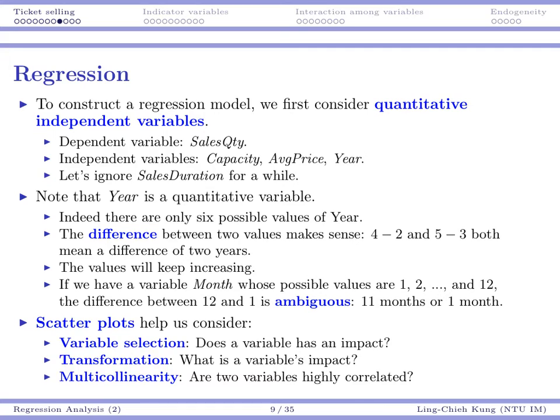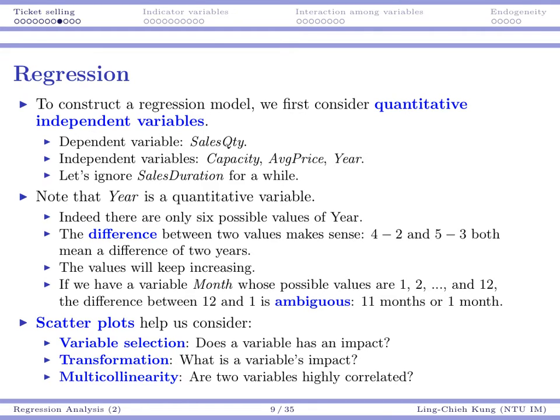It may be 11 months or it may be 1 month. So if you have a data set in which the data has been collected for more than 1 year, then month can be ambiguous. So month in that case would be treated as a qualitative variable.